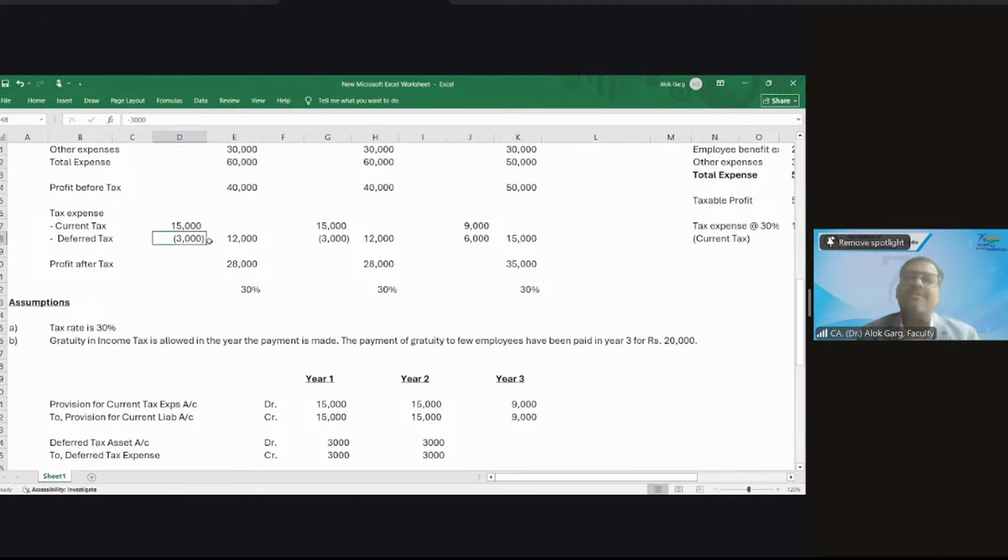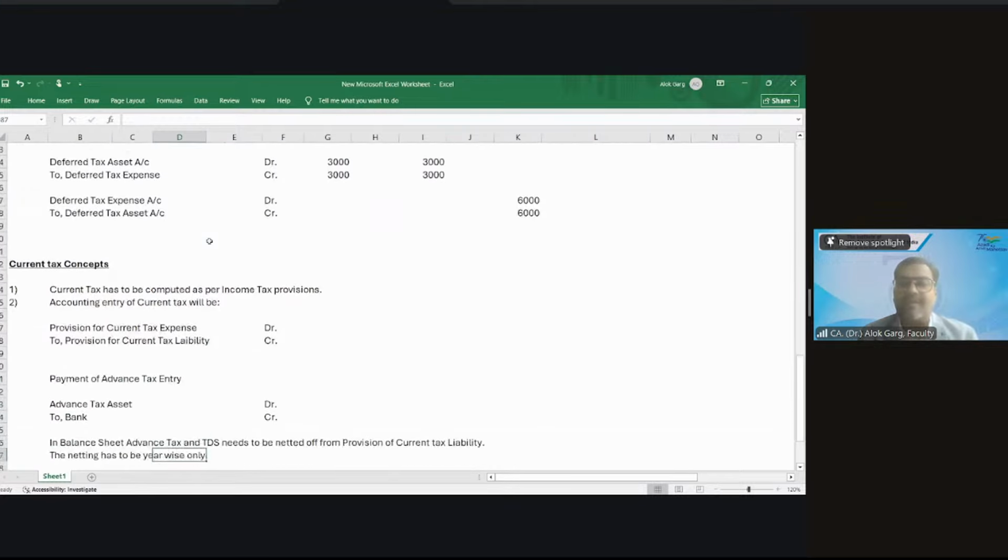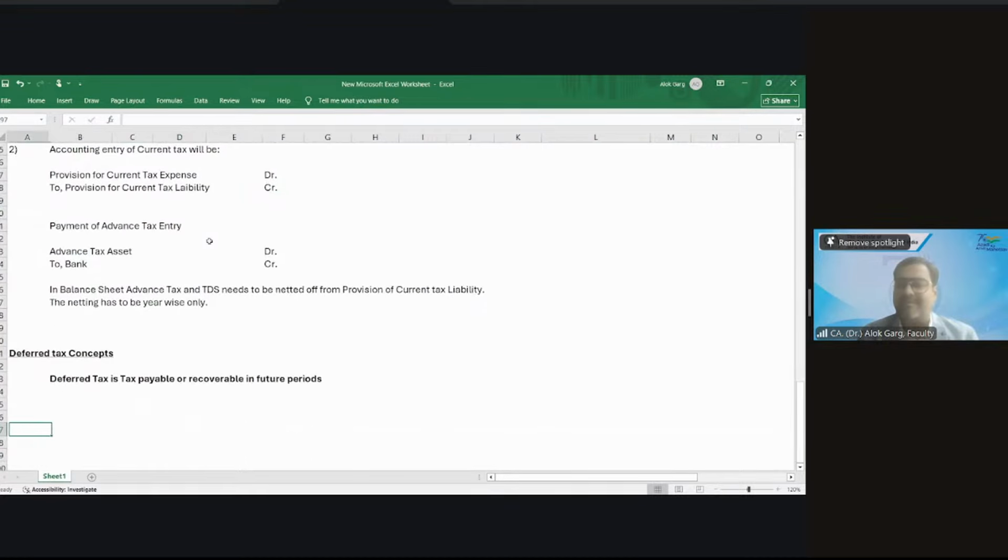So whether this deferred tax of 3,000 is going to be discounted, whether the present value accounting has to be done? Deferred tax liability, deferred tax asset, will its discounting accounting be done? Yes or no?